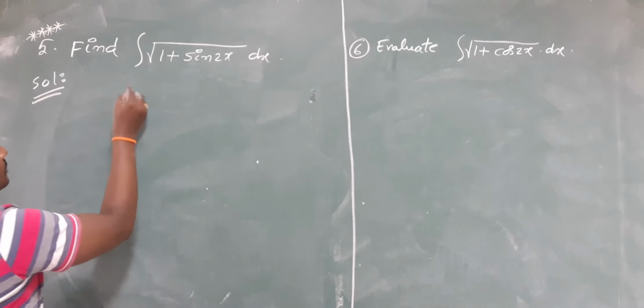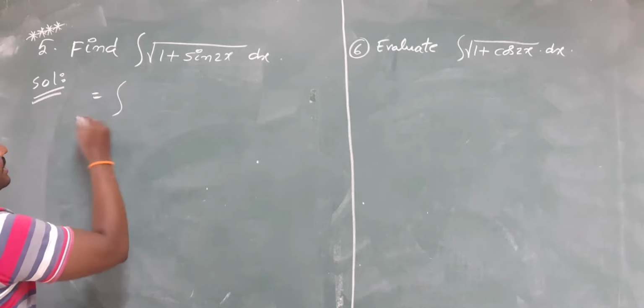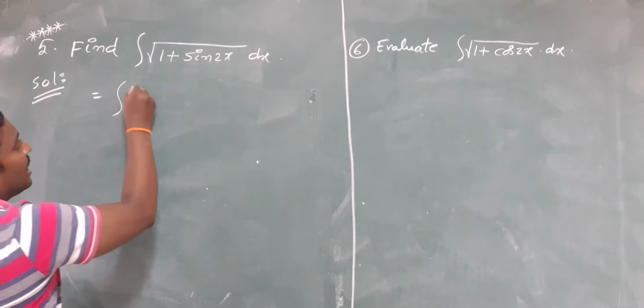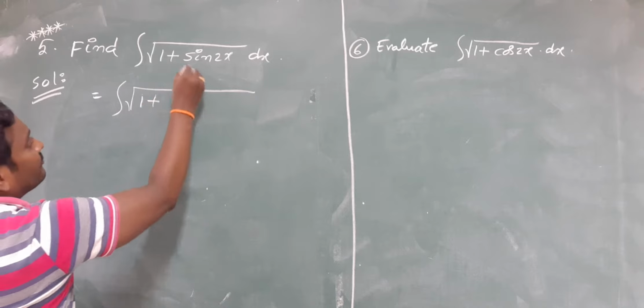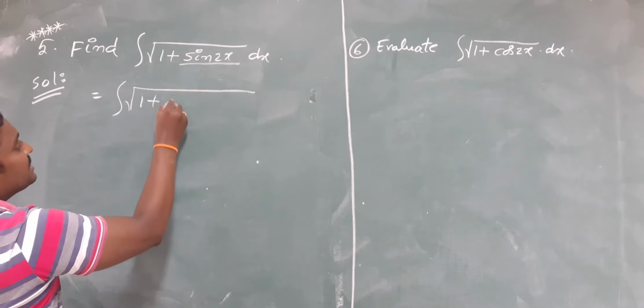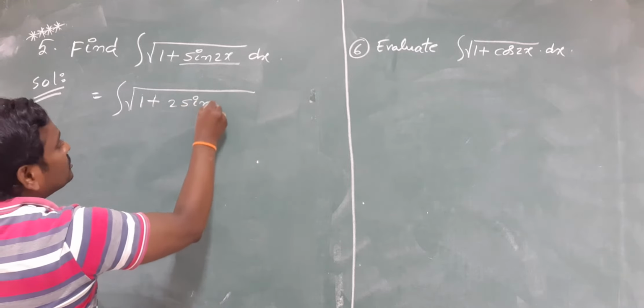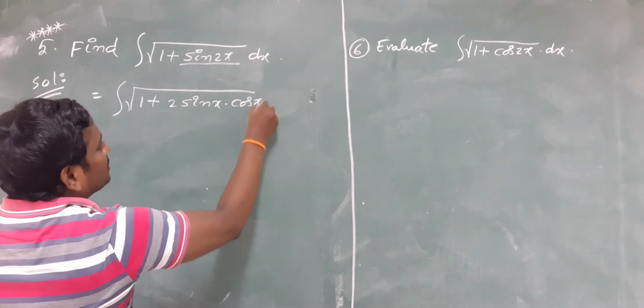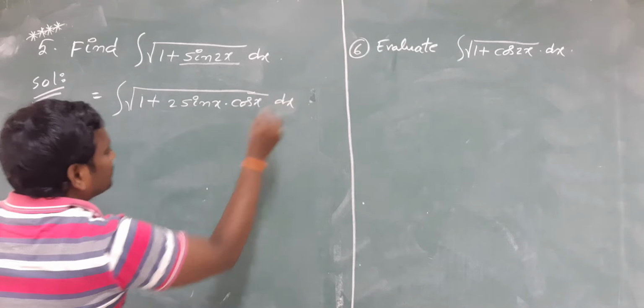So this is equal to integration of root over 1 plus, everybody knows that the formula for sin 2x is 2 sin x into cos x dx.